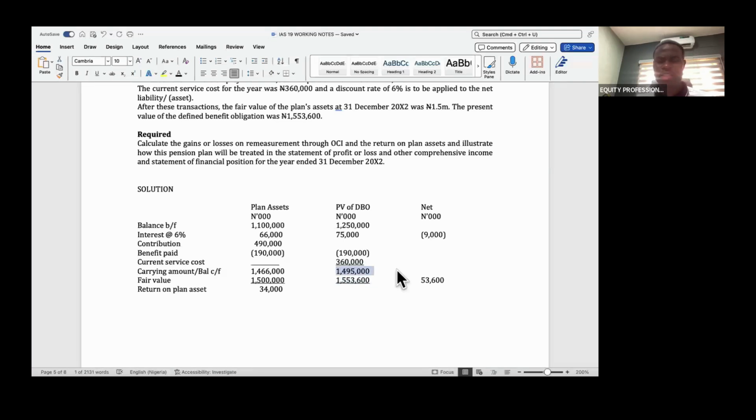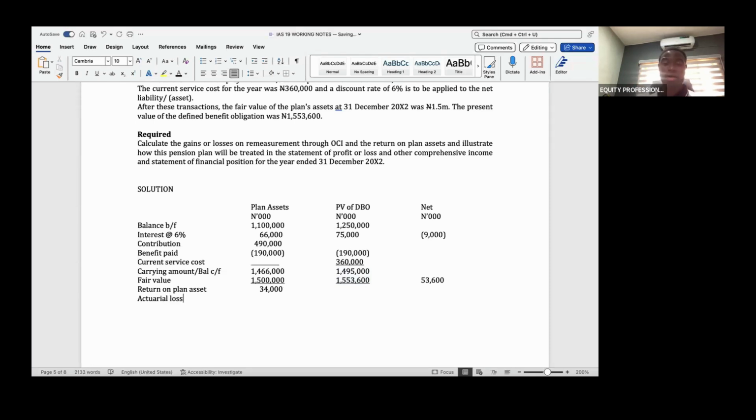Is that good or bad? Let's analyze it. When my book is saying that I owe 1.4 million, the actuary came and said that I actually owe more, that what I'm owing is higher than what I have in my books. That's not good news. That's bad news, that I'm owing more. That is an actuarial loss for me.